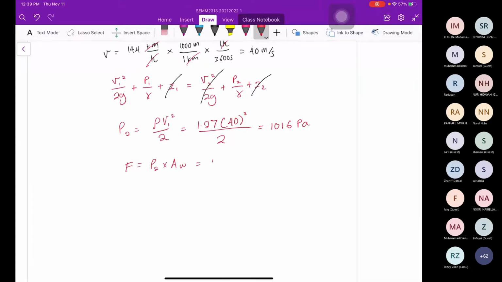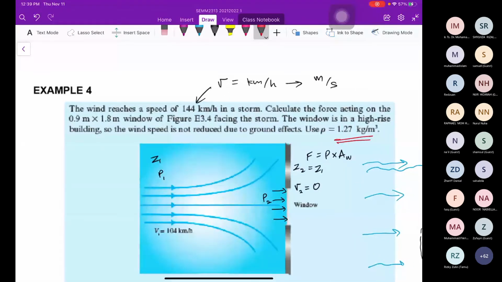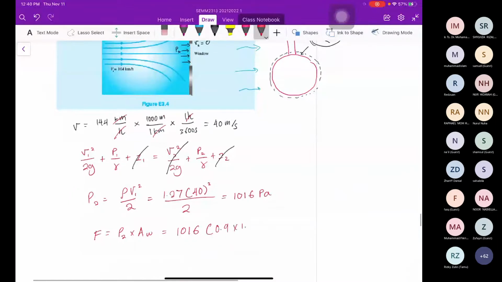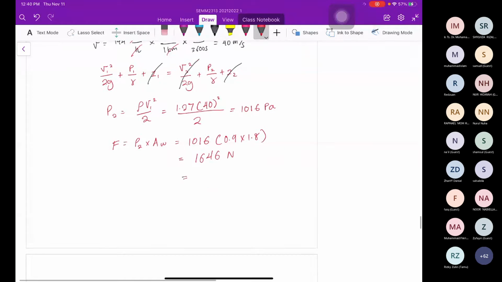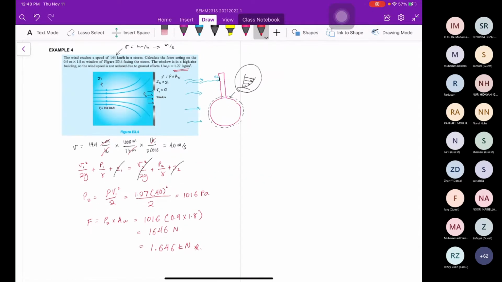So pressure is 1016 Pascal multiplied by the area of the window, which is 0.9 by 1.8. So 0.9 multiplied by 1.8 is equal to 1646 Newton. Alright, or simply to make it clear, 1.646 kilonewton. Okay, so far any question?